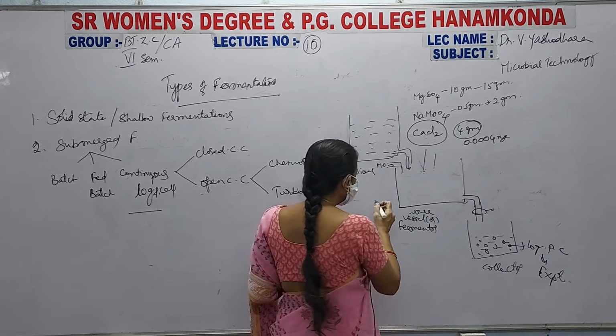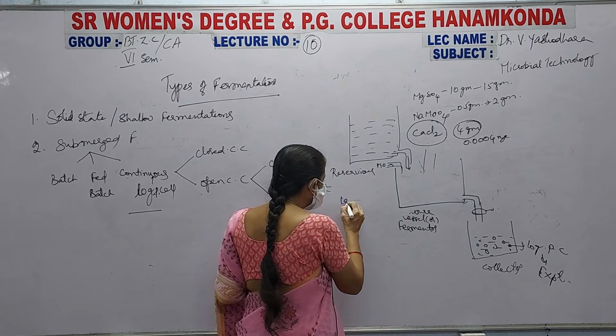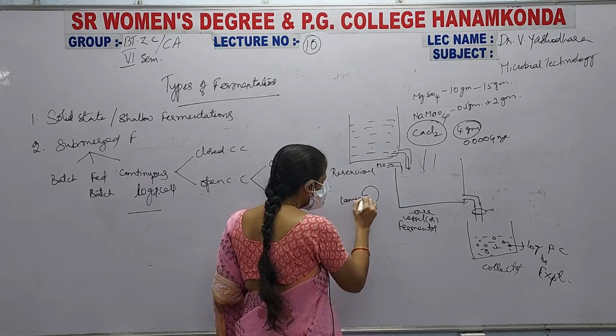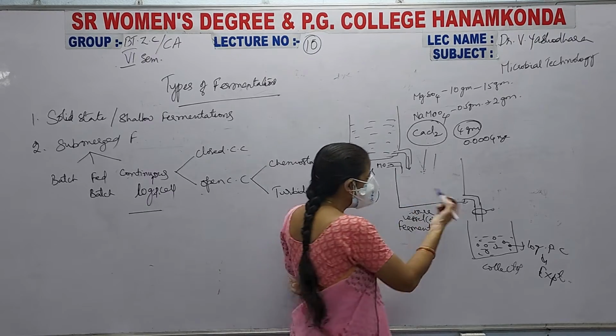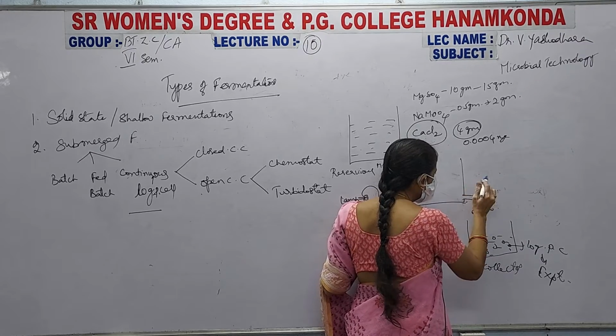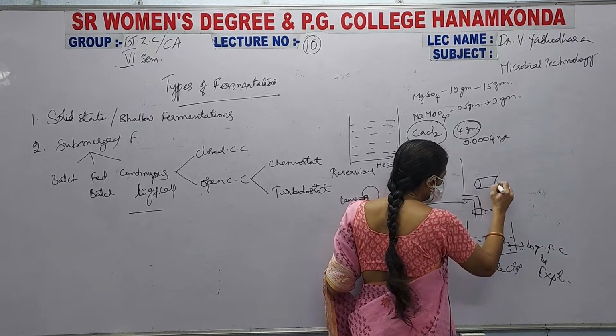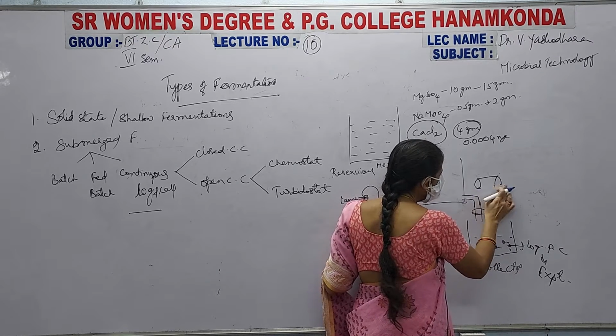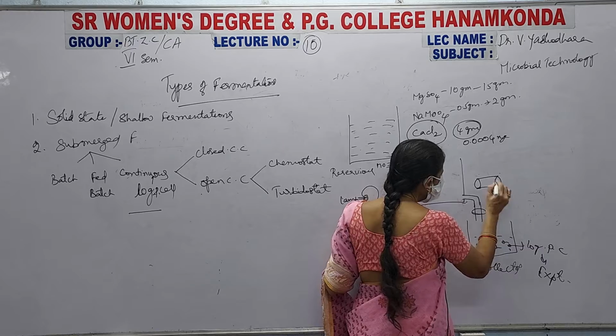Now see here, on this side a lamp is present. On the other side, it consists of a photocell.